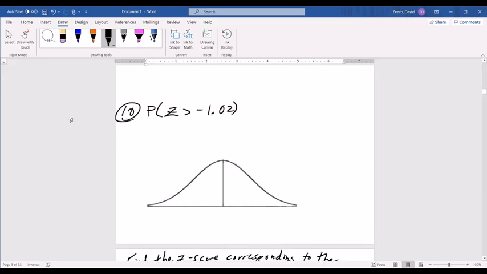Now I want the probability of z greater than negative 1.02. So I know I'm going to need negative 1.02, and that's on the left because it's a negative.